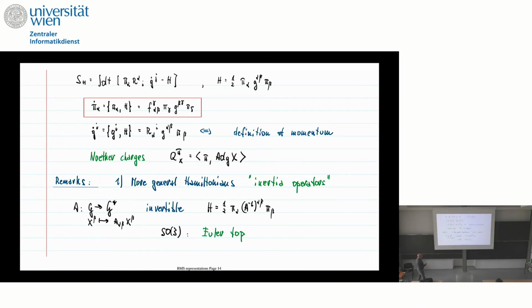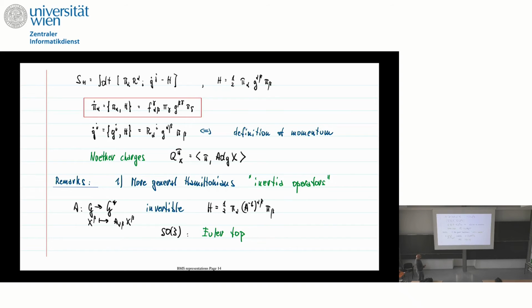So this is the Hamiltonian version of that. And in this particular case, the Hamiltonian is the simplest Hamiltonian that you can put. It is quadratic in this momentum, that's why it's invertible, and it's built with the inverse of the Killing metric.